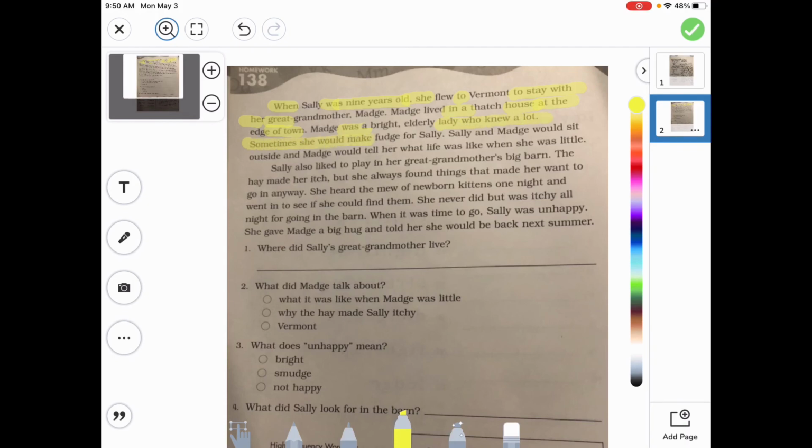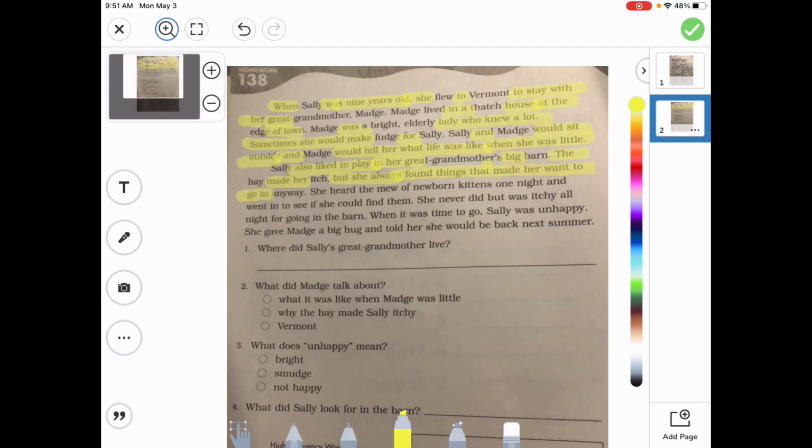Sometimes she would make fudge for Sally. Sally and Madge would sit outside, and Madge would tell her what life was like when she was little. Sally also liked to play in her great-grandmother's big barn. The hay made her itch, but she always found things that made her want to go in.